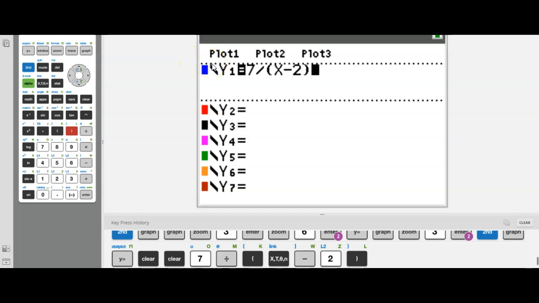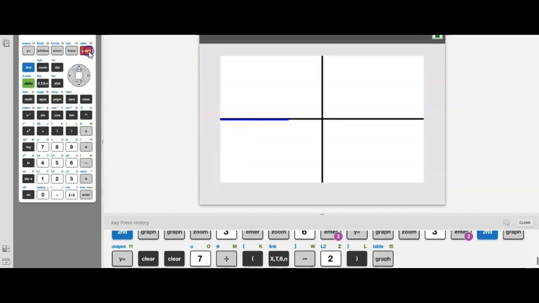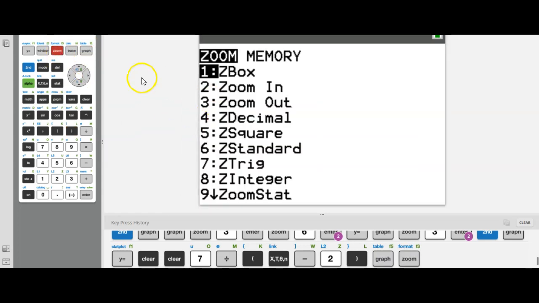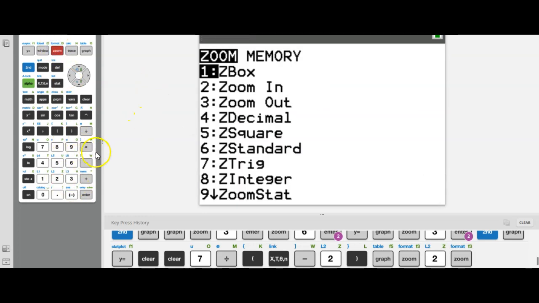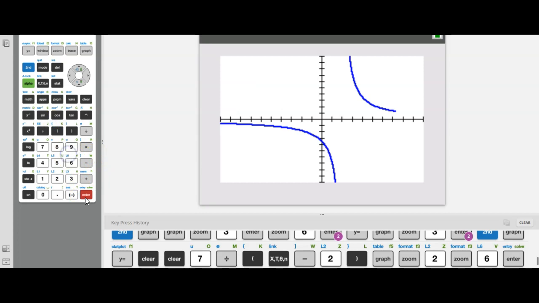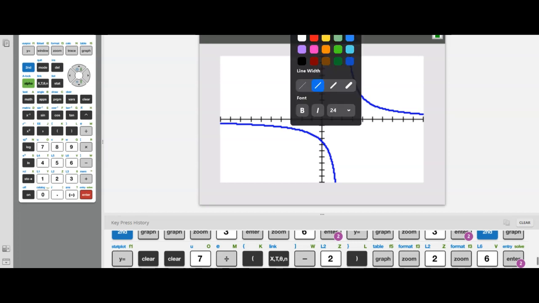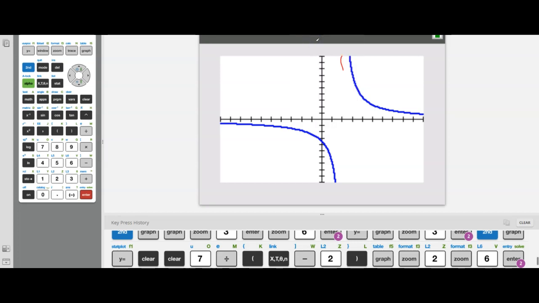So I've already typed in our function, and I am just going to hit graph. I'm going to zoom in. Looks like we're not zoomed in all the way. Zoom standard. Okay, and we can see that we have a vertical asymptote at x equals 2.